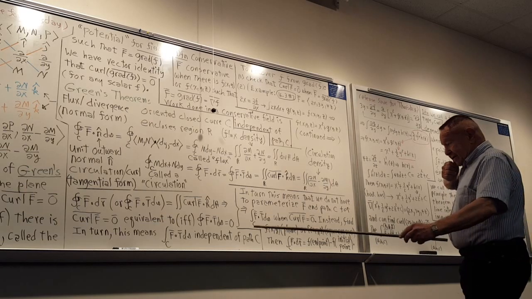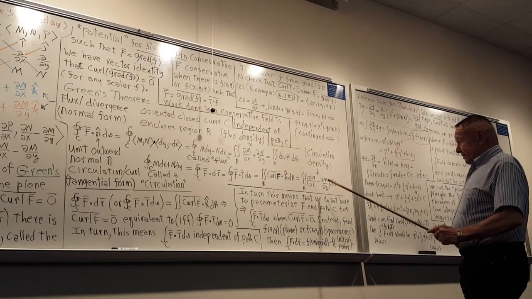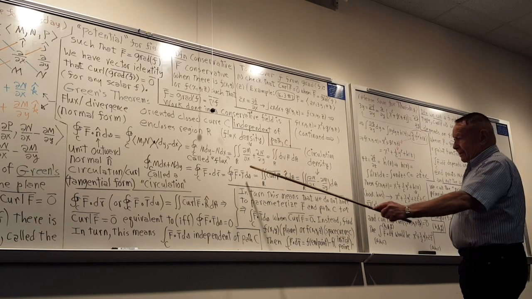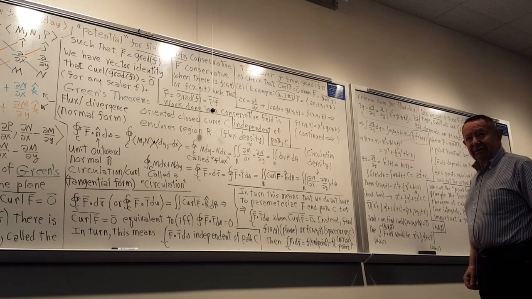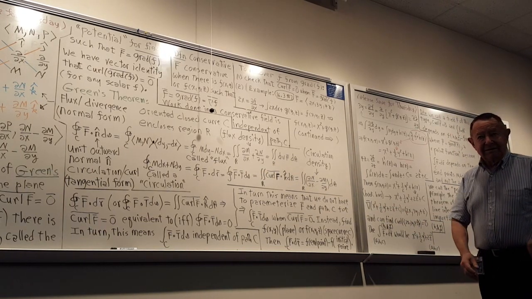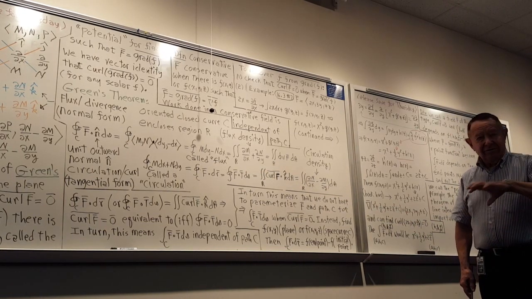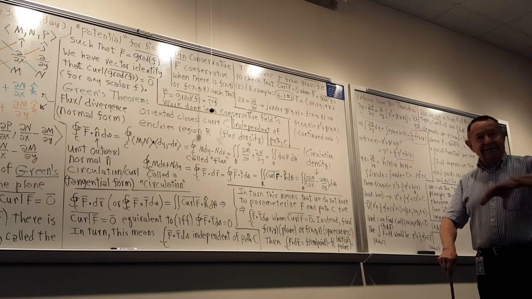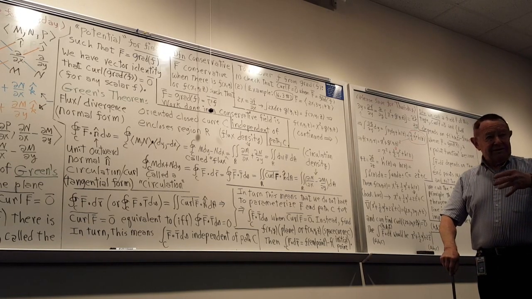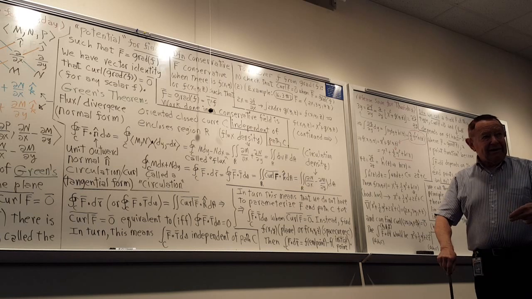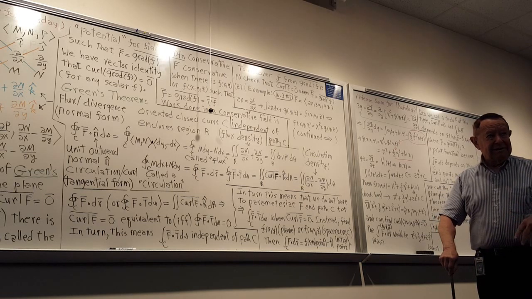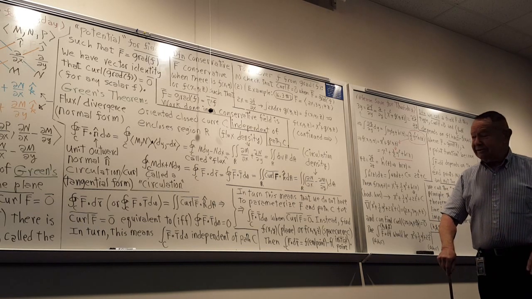Because when the curl is 0, the line integral would be 0, and that would mean that if you're going from one point around a curve to another, it wouldn't matter how you get there, exactly what the path is.